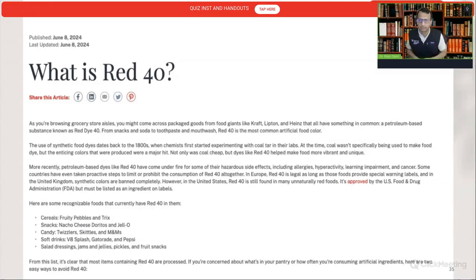Red 40 is a very dangerous chemical, so we should avoid oral care products that contain these synthetic chemicals and colors, especially when you have a very compromised immune system, very compromised oral mucosal immunity, and when you're the first line of defense, your oral mucosa is already ulcerated, already lacerated, already prone to infection.